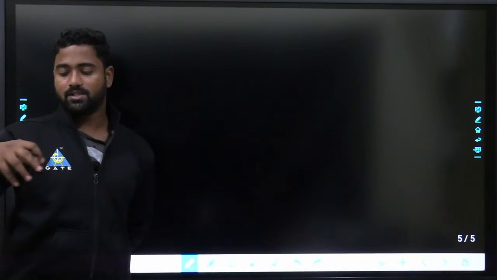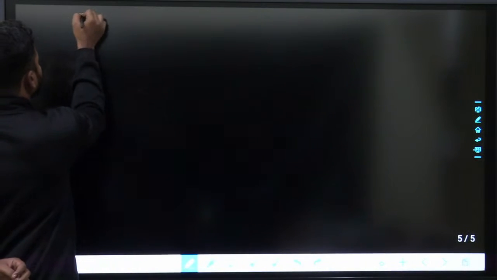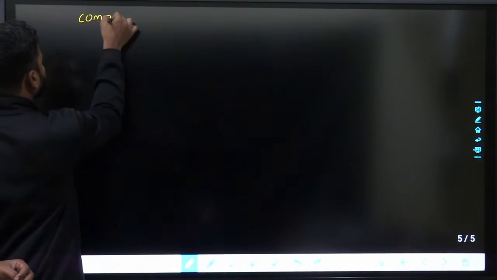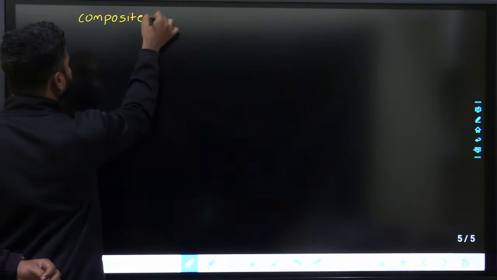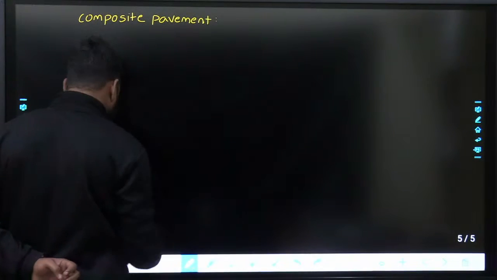Apart from conventional flexible pavement and rigid pavement, there are other types of pavements. First one is composite pavement.